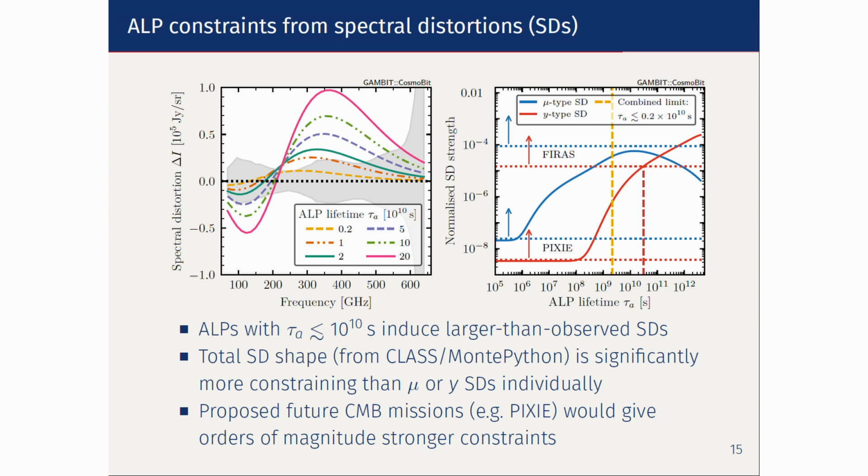However, if you look at the combined amount of spectral distortions, you do already get a limit here, right? Whereas if you only looked at mu and y-type distortion separately, you would think that the limit on the lifetime is much higher, because only for higher lifetimes would you get a limit directly from the y-type, another type of these spectral distortions.